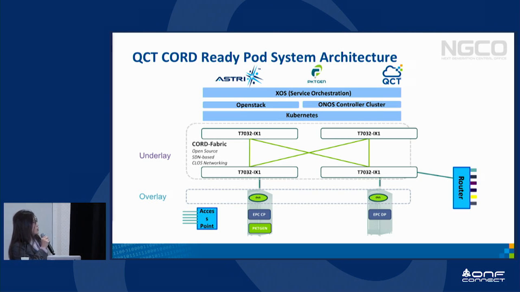This is our QCT system architecture, based on the QCT CoreReady pod that is built by QCT hardware, including servers and switches. We also onboard several commercial workloads on it, such as the R3 EPC solution, which is the EPC workload, and we want to generate some traffic to it.